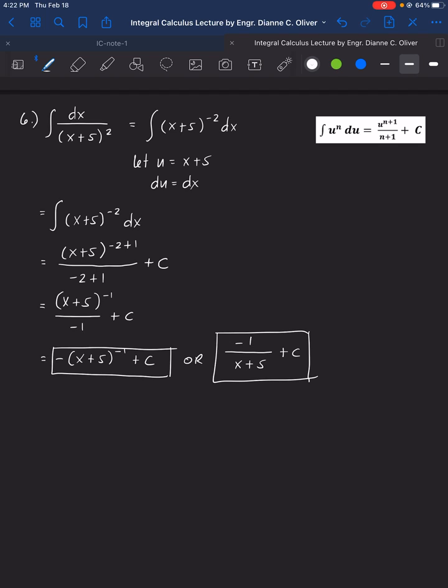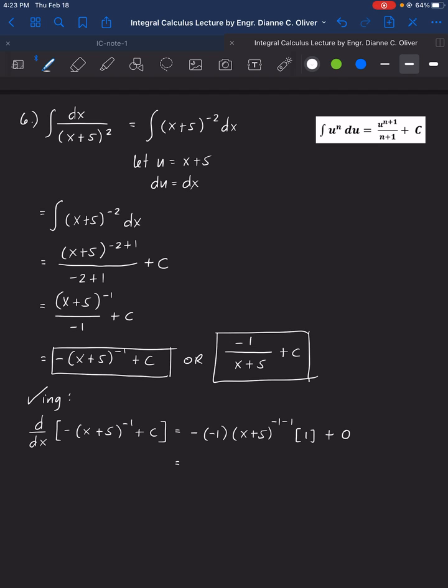Now, in checking, let's derive negative (x + 5) raised to negative 1 + c. That is equal to negative, then bring down negative 1, the base x + 5, the exponent minus 1, then the derivative inside, derivative of u, which is 1, plus the derivative of the constant, 0.